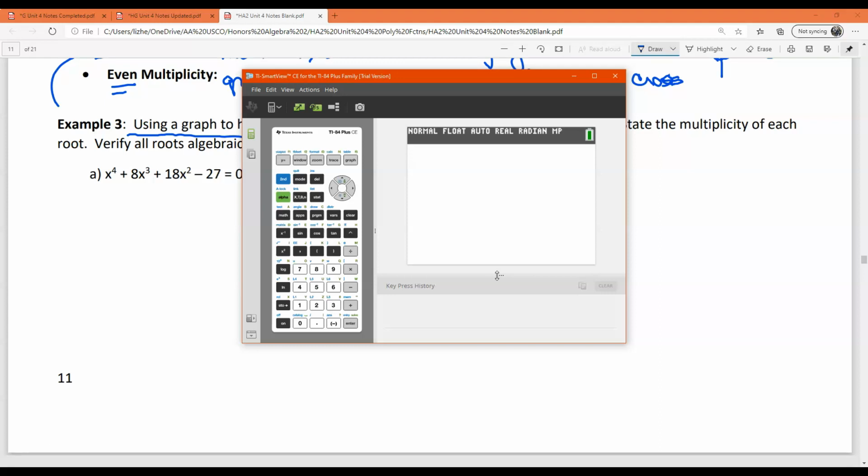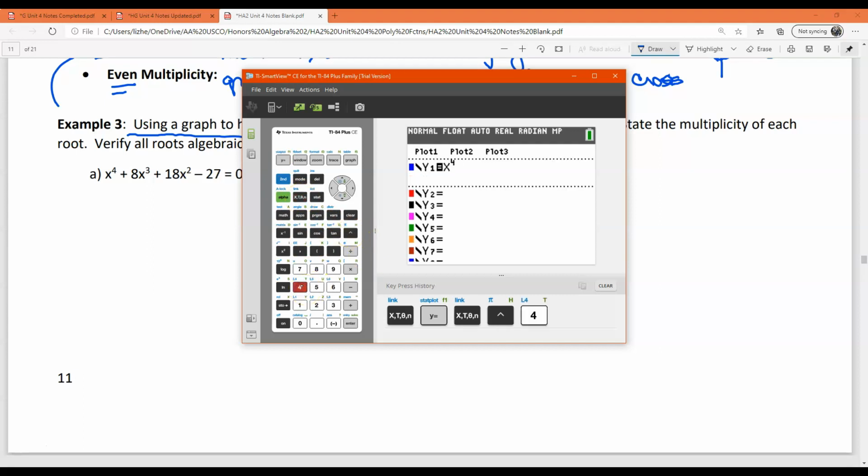We have, it's so small I can hardly read it. I want to go to Y1. All right. We want x raised to the 4 plus 8x raised to the 3.